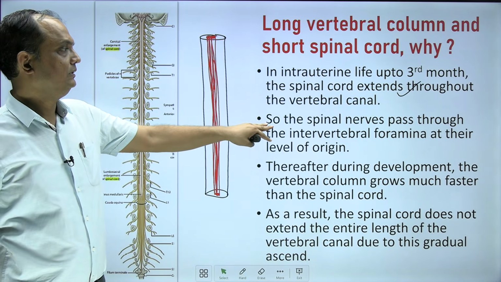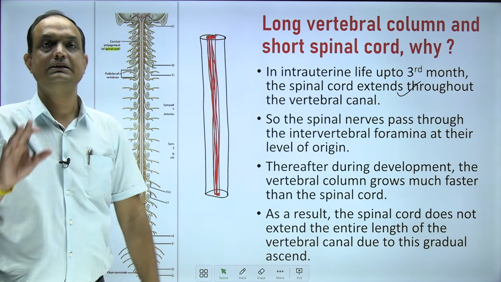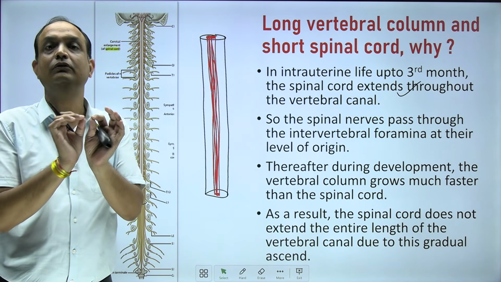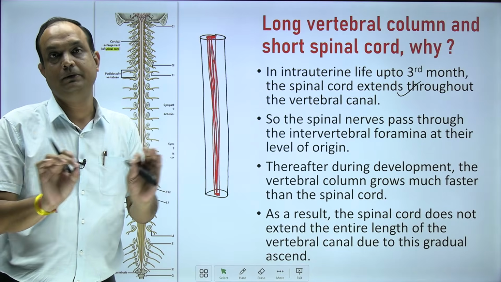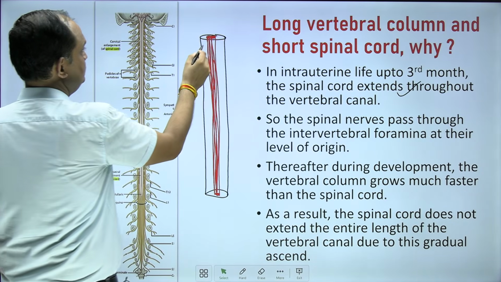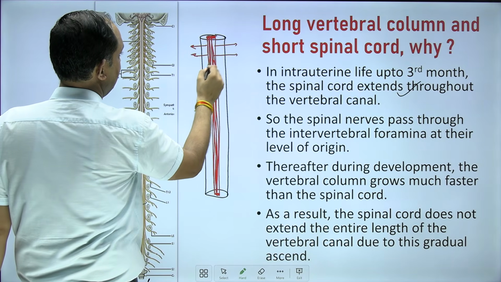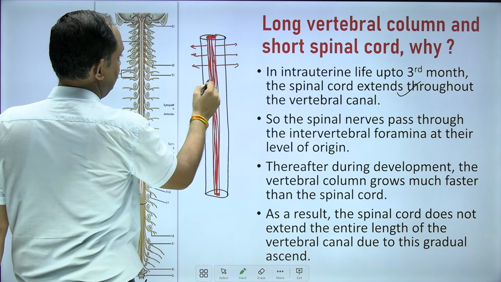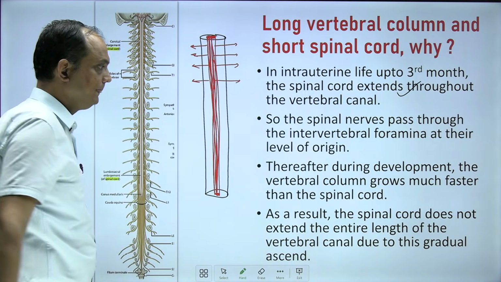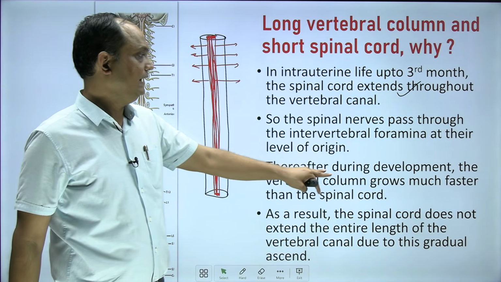There is an exit of the spinal nerves from the intervertebral foramina. Suppose these spinal nerves are coming out from the corresponding intervertebral foramina. Clear?